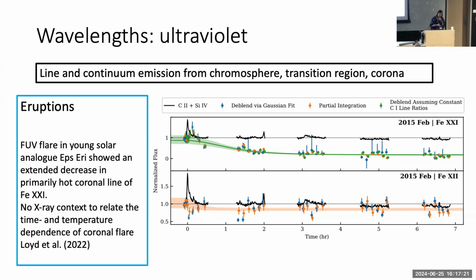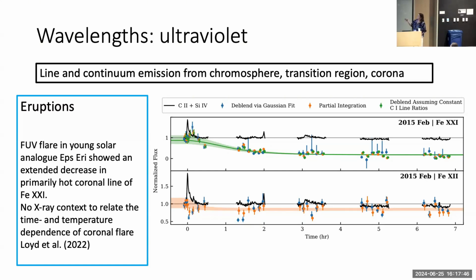Staying in the ultraviolet for just a second, there was an intriguing paper that Park and Lloyd published a couple of years ago on an FUV flare in a young solar analog, Epsilon Eridani, seen in the ultraviolet in lines of silicon IV. And then I mentioned that there are some of these coronal forbidden lines.